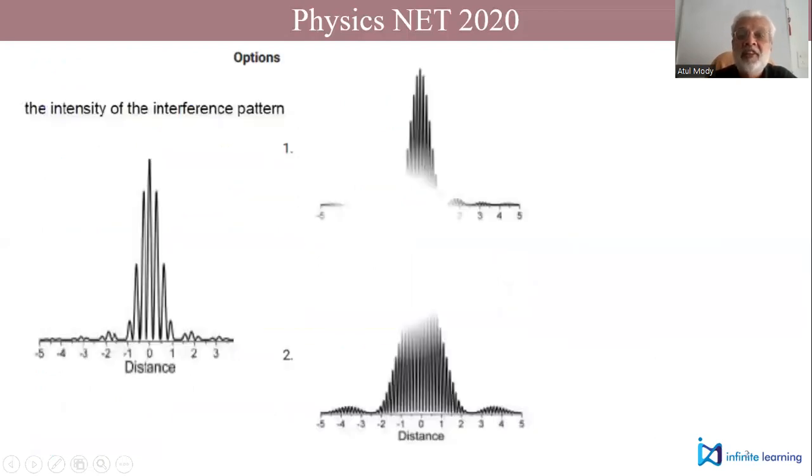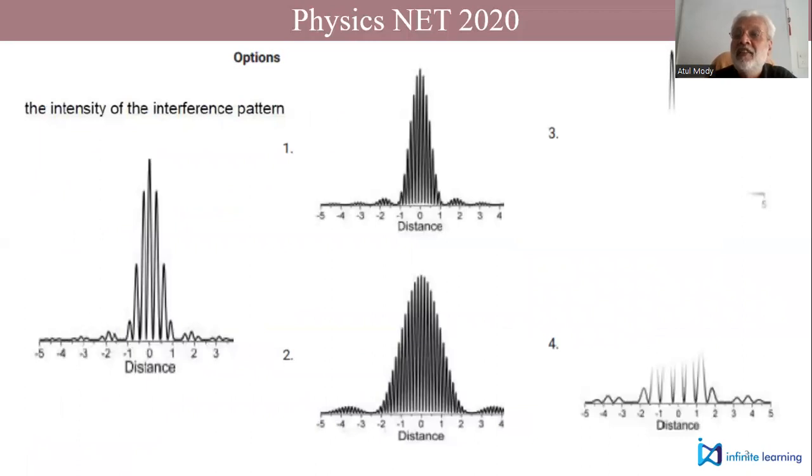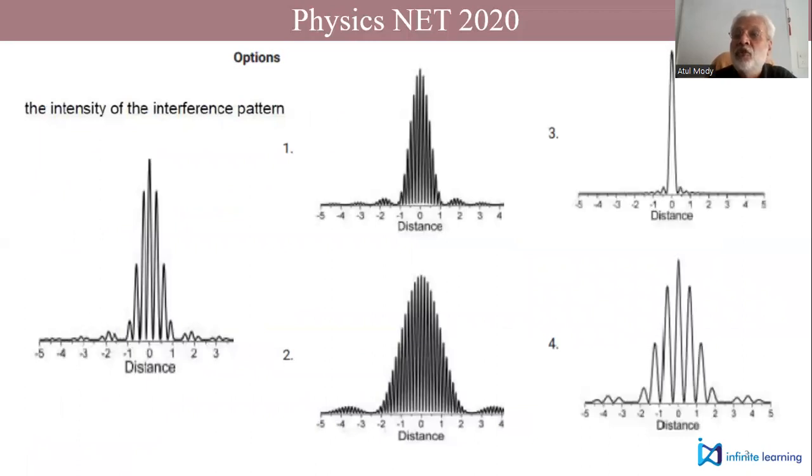That's the interference pattern given, and these are the four options given to you. And if you look at it, in the first case, the individual fringes have become narrower, but the central maximum also remains of the same width. Okay. In the fourth case, the central maximum has broadened, but the individual fringes have also broadened.